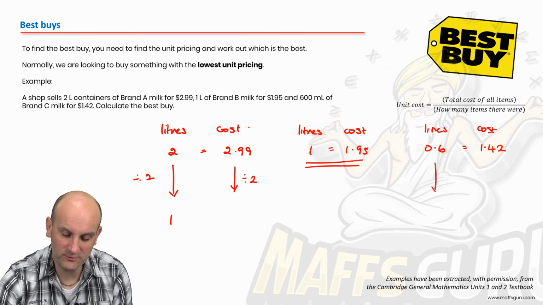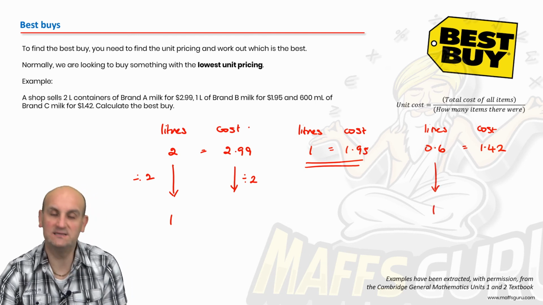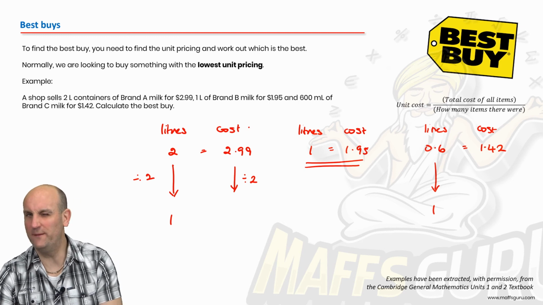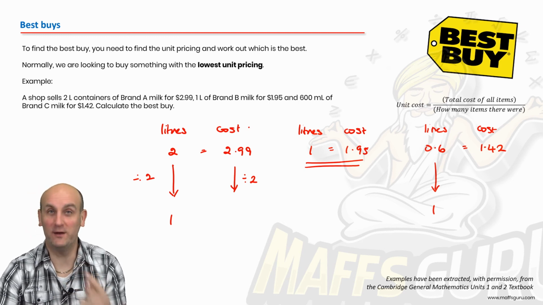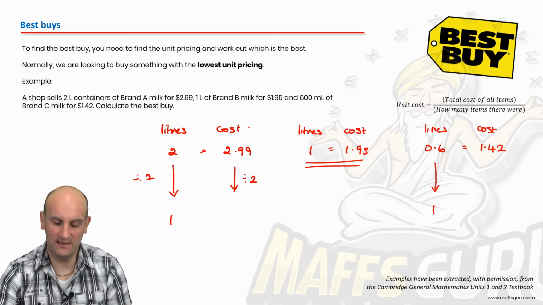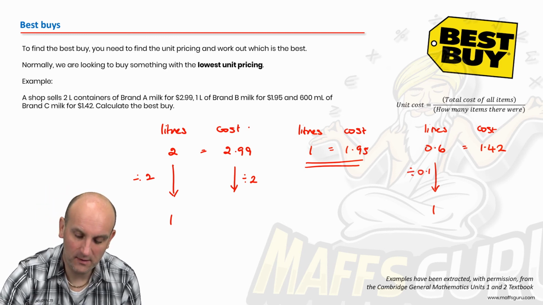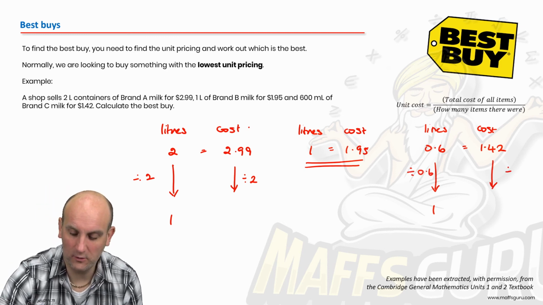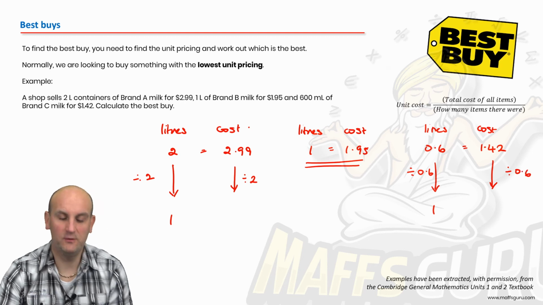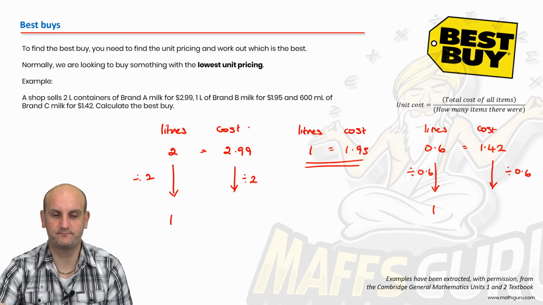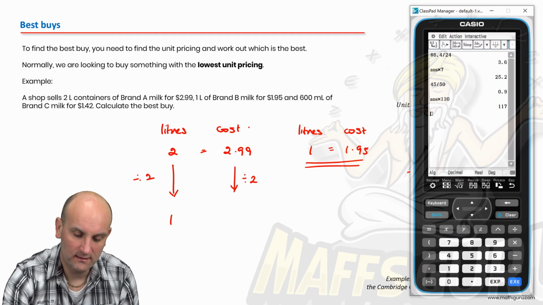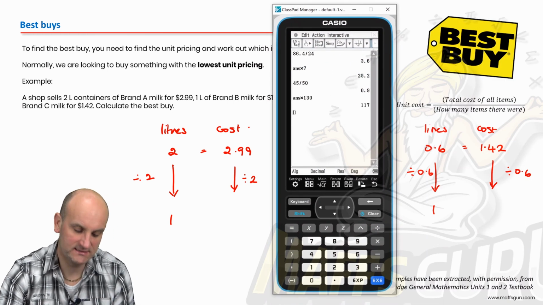Likewise here. Now a decimal is also pretty funky. I want to get to 1 liter. How do I get from 0.6 to 1? The trick to maths is, if you want to get to 1, divide the number by itself. So I'm going to divide this by 0.6, which means I also have to divide that by 0.6 as well. Firing up my calculator, let's put it in between these two so that it makes sense.